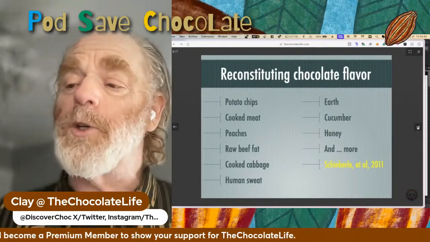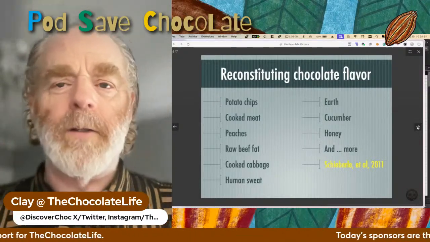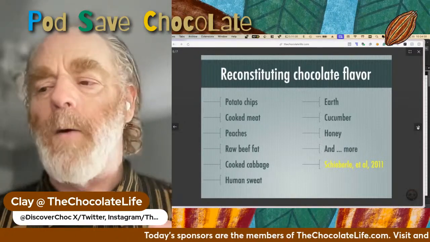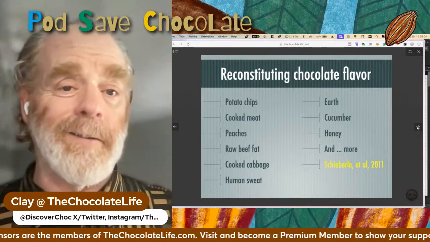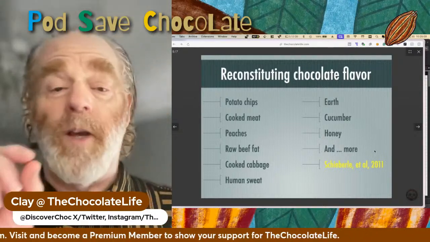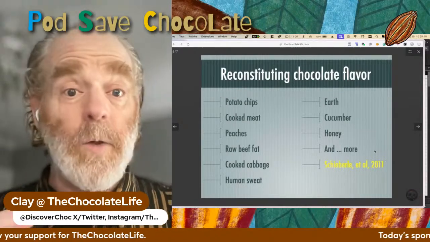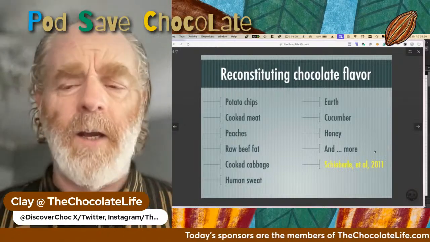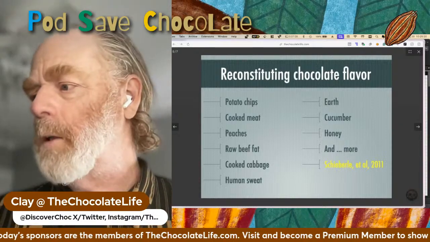This is really interesting because it provides a sort of higher level meta description about very, very common categories of flavors that we think about when we think about the flavor of chocolate. And what we can do from an analytical chemistry perspective is say, well, samples of cooked meat will contain the following chemicals. And then if we find these chemicals in a finished chocolate, we can take a look at their relative intensity to find out how they're going to contribute to the flavor of the cocoa or chocolate.